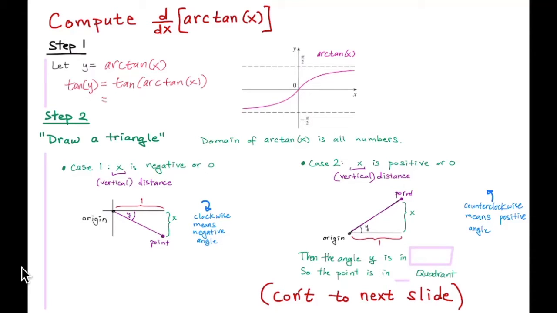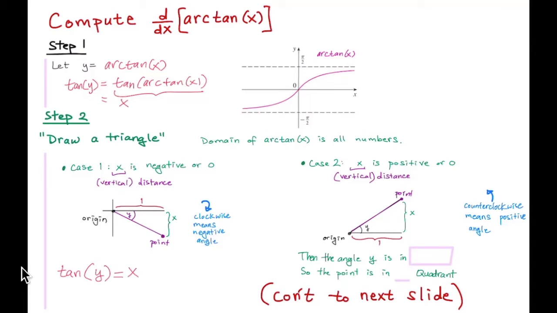But tangent and arctangent are inverse functions. So this is x. So now what I have is this situation where tangent of y is equal to x.